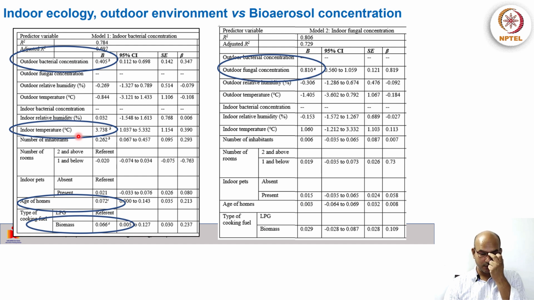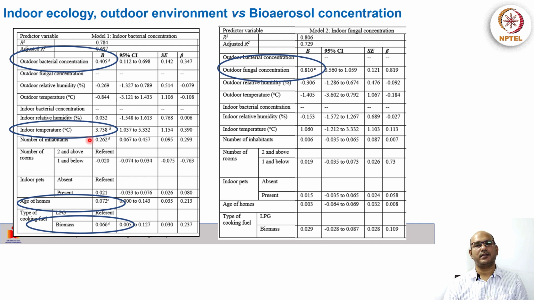This would be because the temperature of the rooms where the study was carried out was mostly between 25 and 35 Celsius, which are the optimal conditions for the growth of bacteria. And therefore, there was a correlation between the bacterial concentration and the indoor temperature.